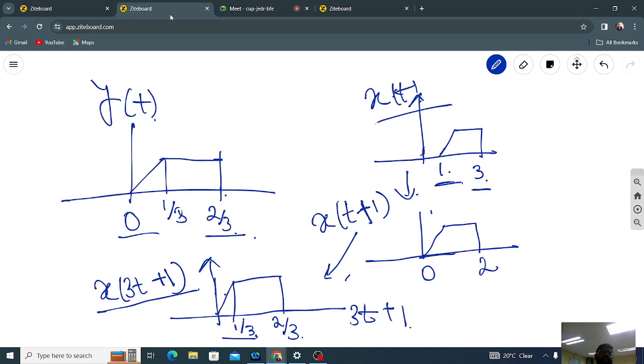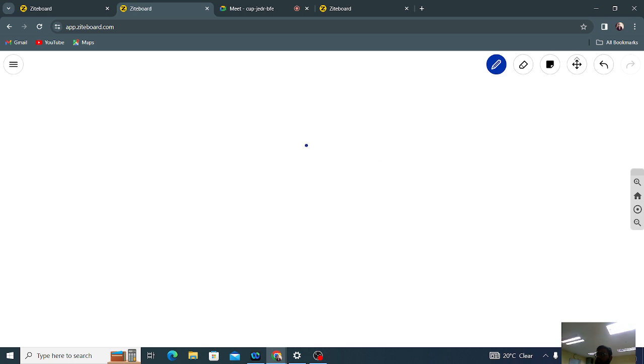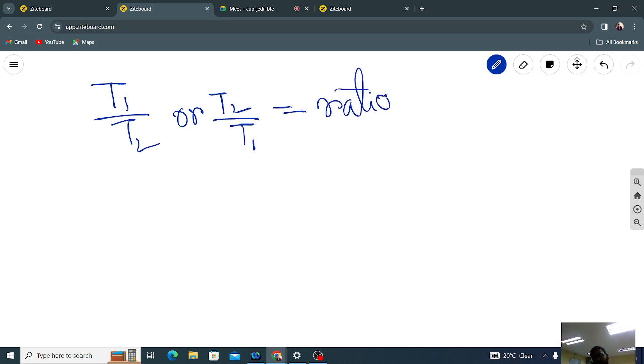So for this signal to be periodic, T1 by T2 or T2 by T1 should be a rational number.